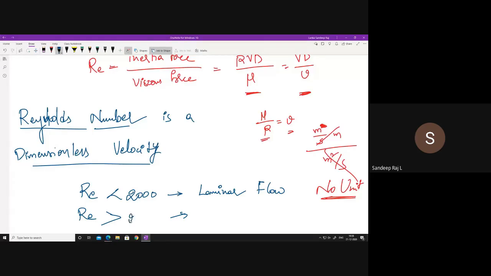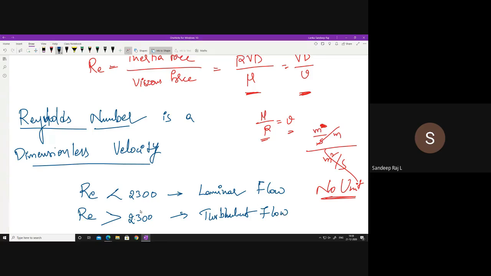But here, simply put, we take it as 2300. To take the average effect of the transient region, you take 2300 and call anything greater than this turbulent flow.